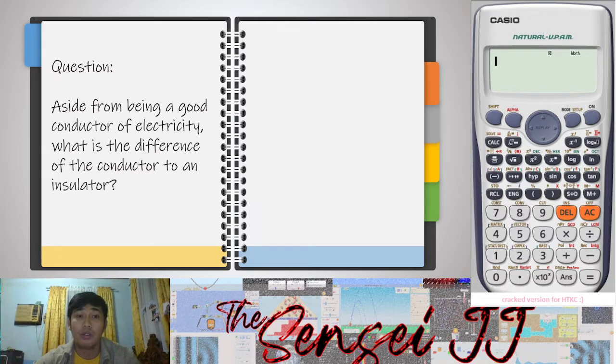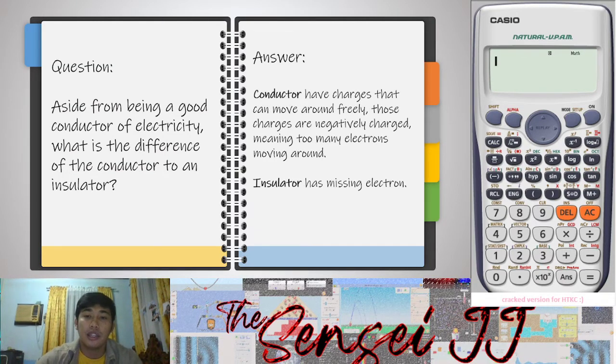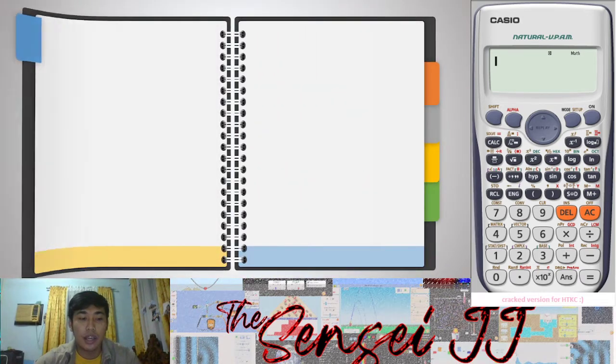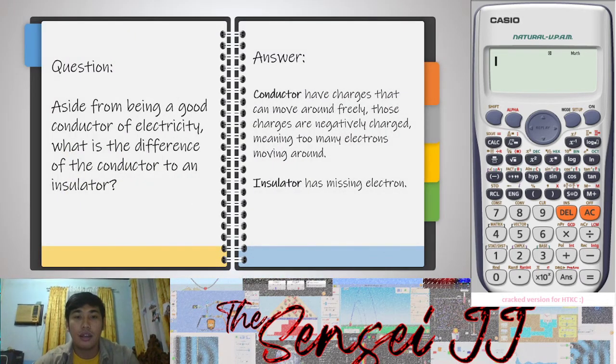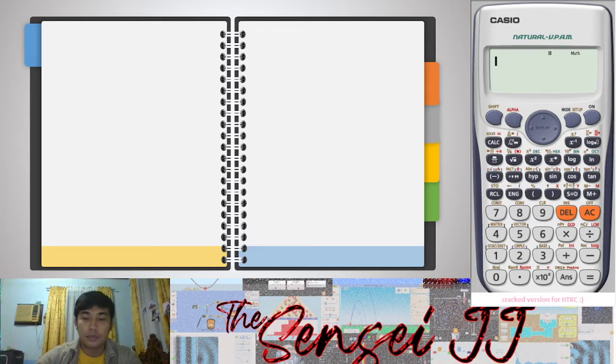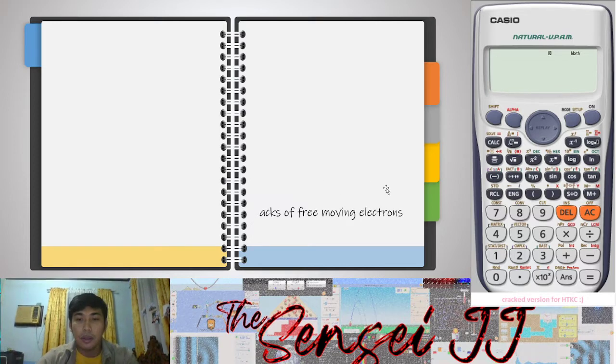So aside from being a good conductor of electricity, the difference of a conductor is that an insulator has missing electrons, and I just want to add that an insulator also lacks free moving electrons.